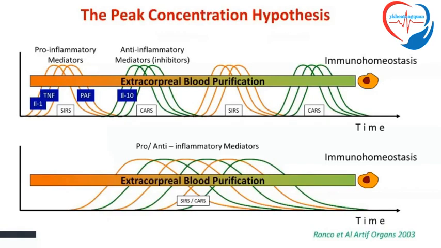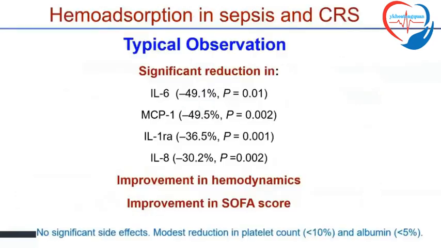The peak concentration hypothesis shows that extracorporeal blood purification may cut the concentration of the highest solute in blood, either pro- or anti-inflammatory mediators, or even a simultaneous activation of the two systems, leading to some type of immunohomeostasis. What is the typical clinical response that we see when we apply a sorbent in a patient with cytokine release syndrome?